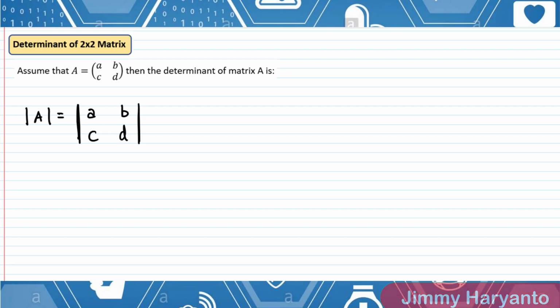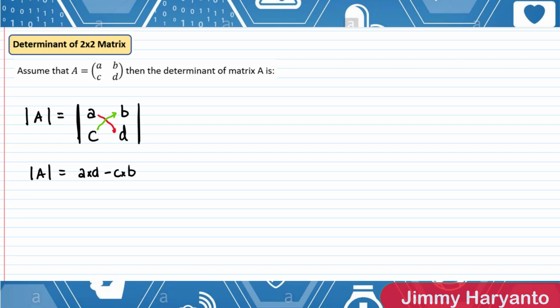You only have to multiply A with D, starting from the top left diagonally to the bottom right, and then continue with C times B. So the first one is A times D and then C times B, and then you will get the determinant of A equals A times D minus C times B.